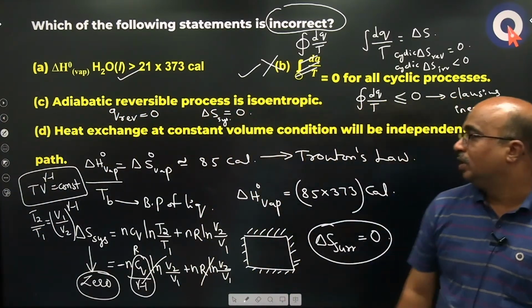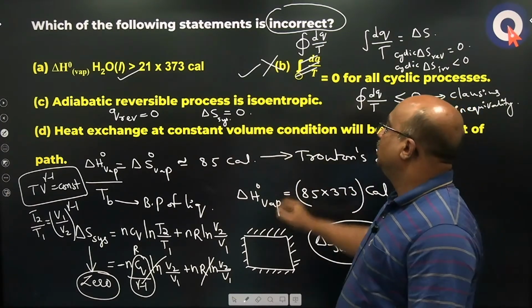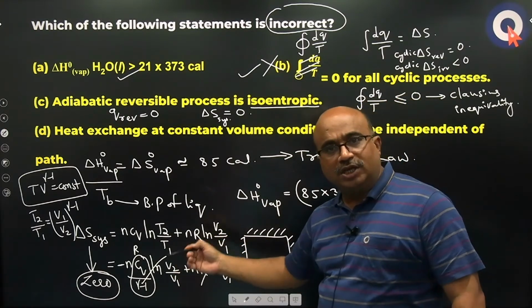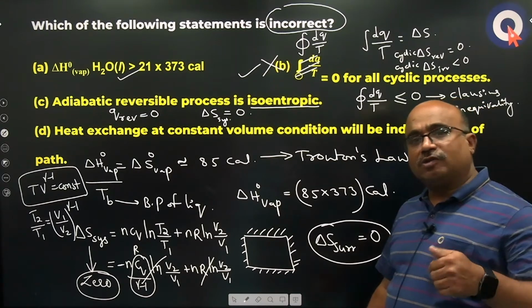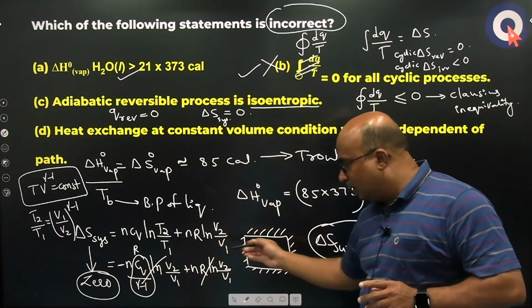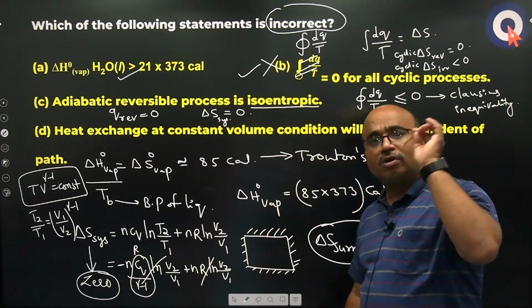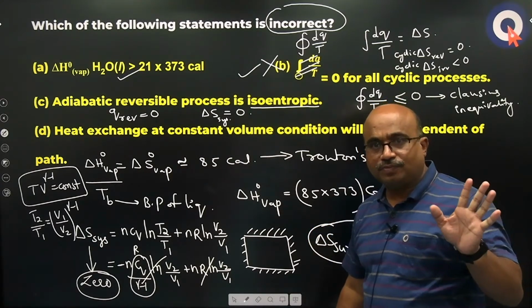Done. So if an adiabatic reversible process occurs, the process is isoentropic because system entropy will not change and surroundings entropy will not change. But if the process is irreversible, system entropy changes, because we can't use T times V to the power of gamma minus 1 is constant for an irreversible process.